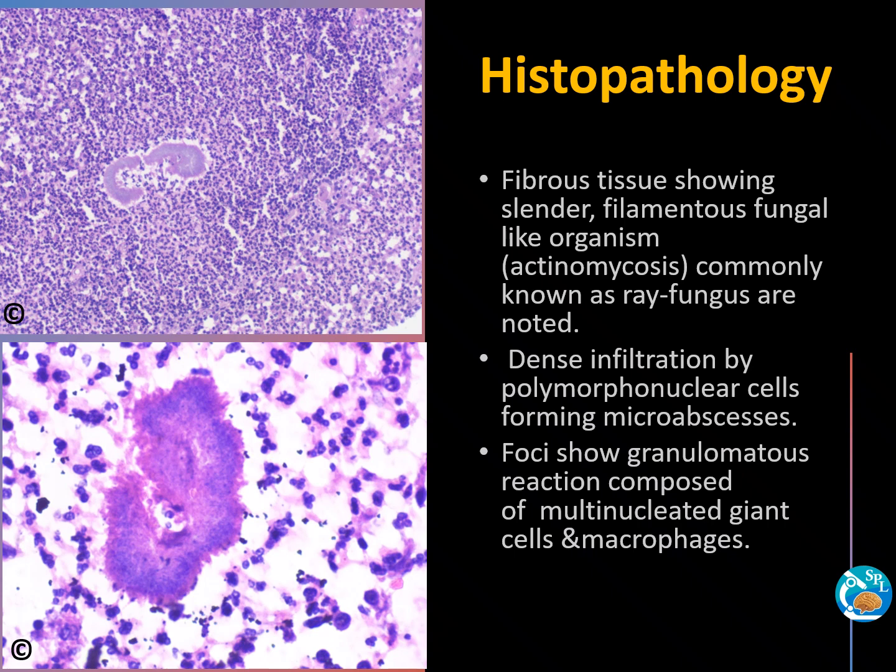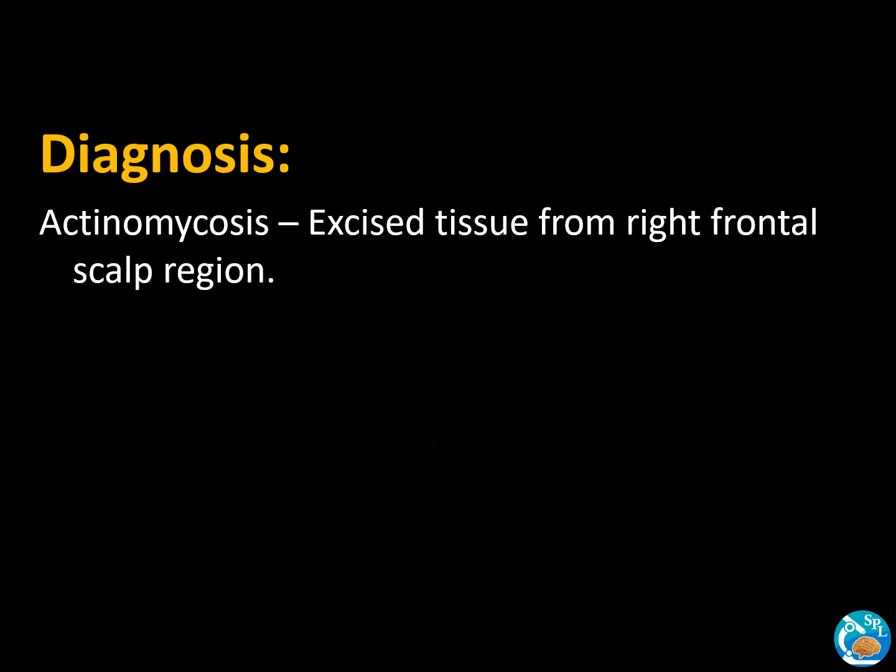So this slide shows acute suppurative inflammation with an embedded ray fungus, or actinomycosis, which are slender, filamentous, fungal-like organisms. The other foci showed multinucleated giant cells, macrophages, lymphocytes, and some plasma cells. So we rendered a diagnosis of actinomycosis from the excised tissue of the right frontal scalp region.